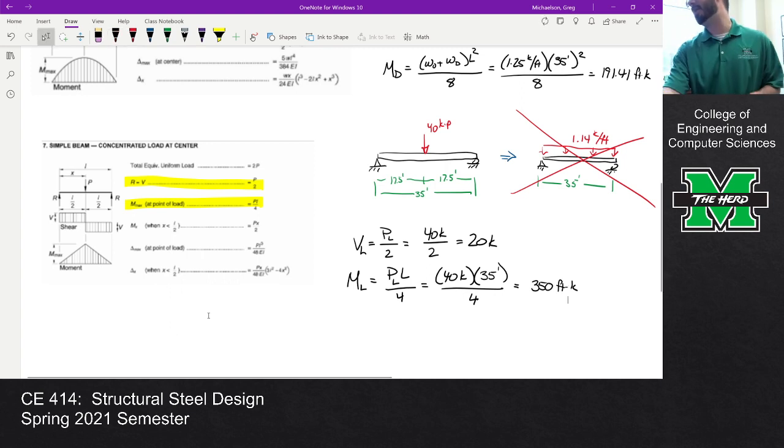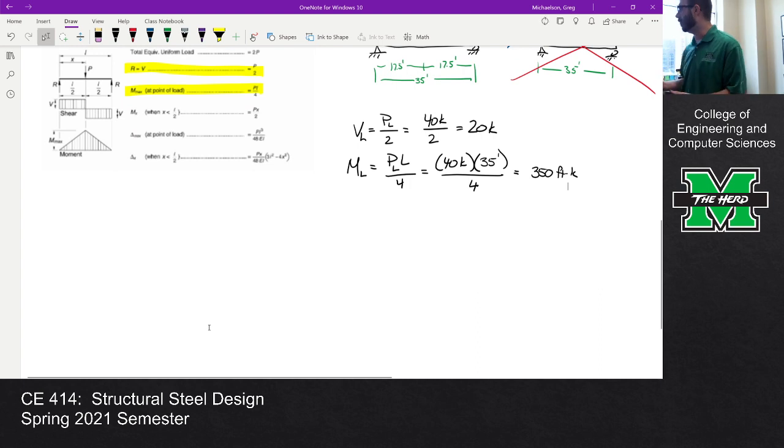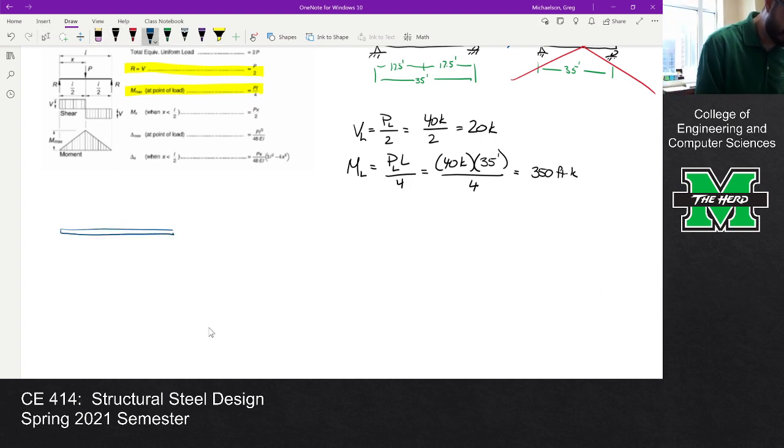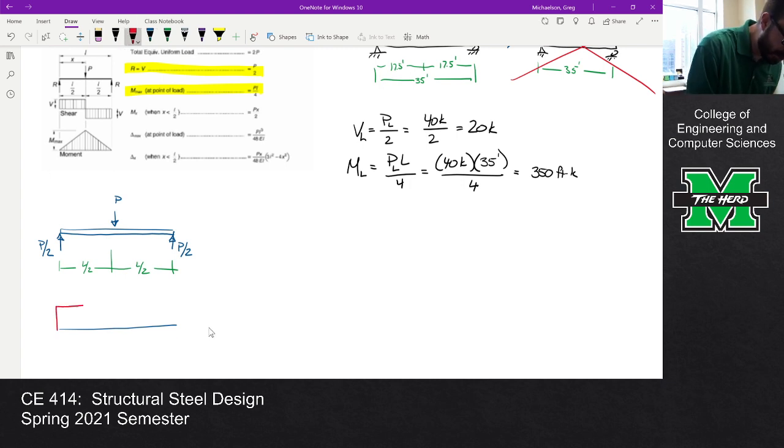Just so everybody is clear on where these magic formulas are coming from, if I have a beam that has a load on top of it, and I have a reaction right here and a reaction right here, I'm just going to cut it in half. If this dimension is L over 2, what's the shear diagram look like? I go up, over, down, over, up.